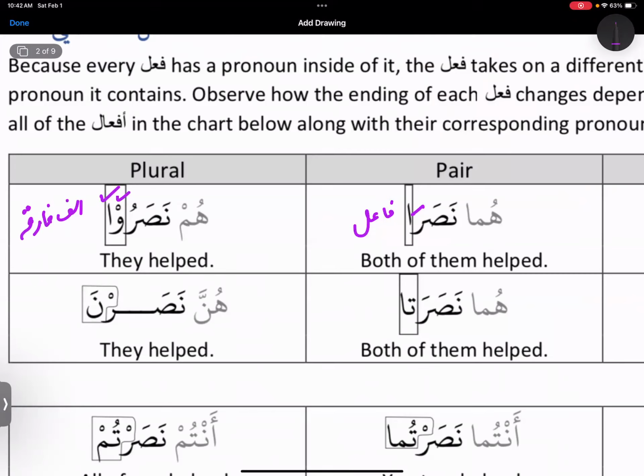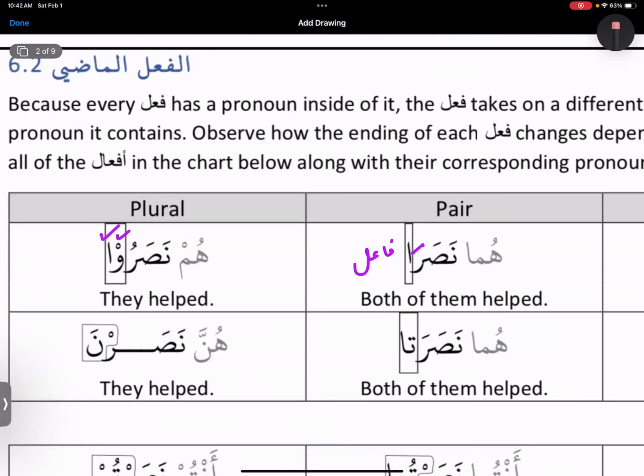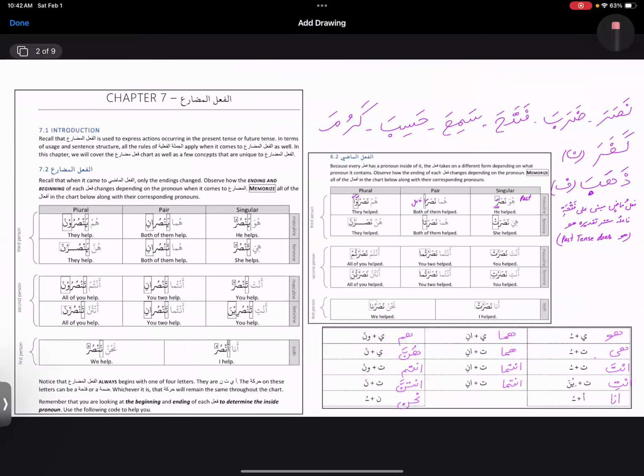Alifu farika is basically making a difference between the fa'il and other stuff that could come with it, like an ism. It gives you an indication that this is a fa'il. We are not going to count it as the fa'il. If I ask you what the fa'il is, it is only the wow. We need to remember that.